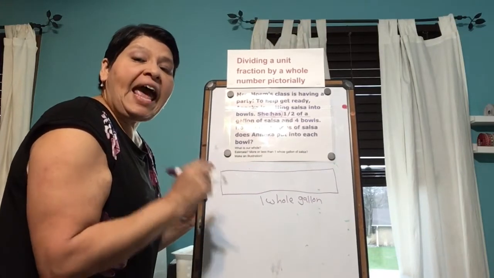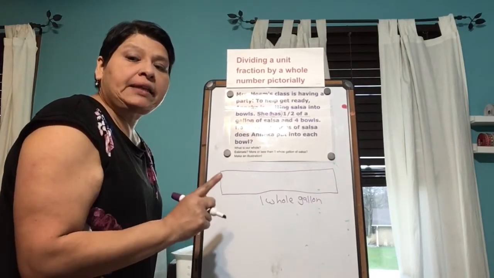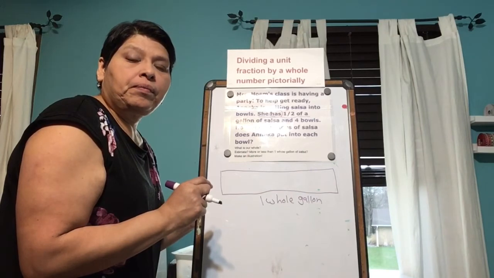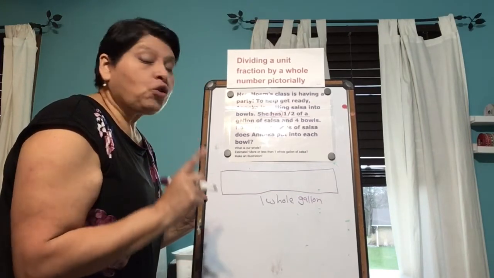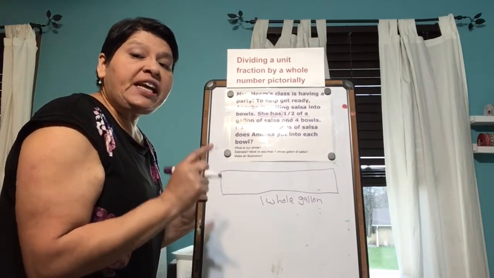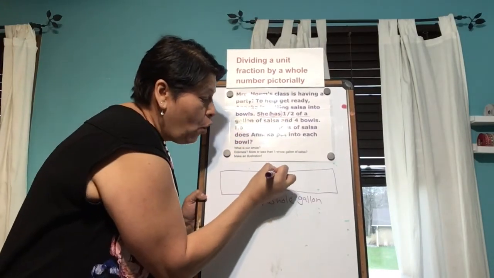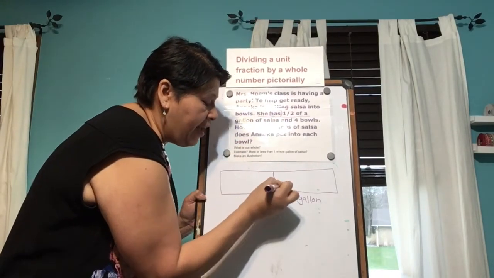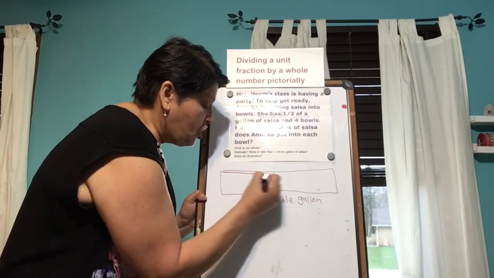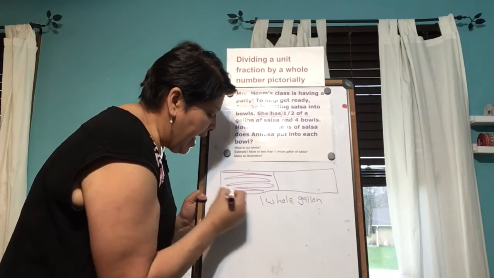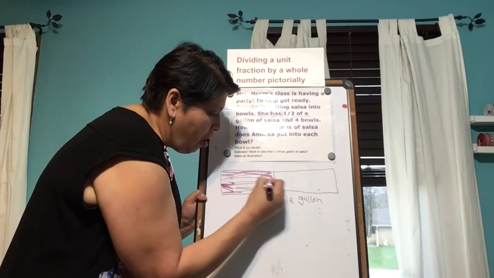But does she have a whole gallon? No, she does not. She has 1/2 a gallon. So we are going to partition this into 1/2. And we are going to shade in 1/2 of our gallon.